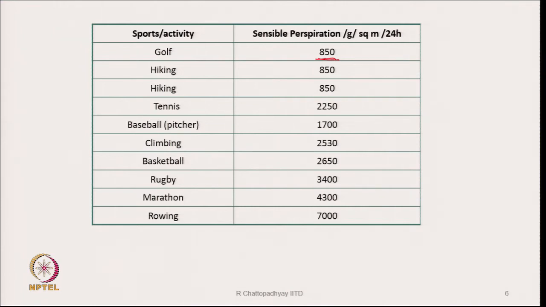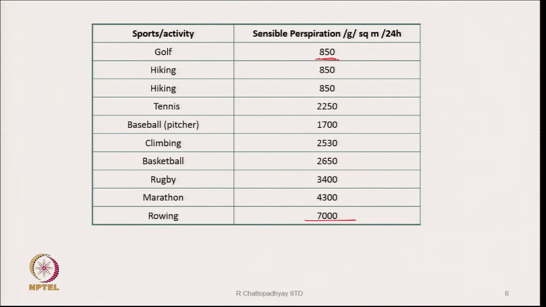So much sweat will be generated. Similarly, for hiking, tennis, baseball, climbing, different activities, the kind of sensible perspiration that we are going to generate are listed here. So, that gives you an idea of how much sweat can be generated per unit time.